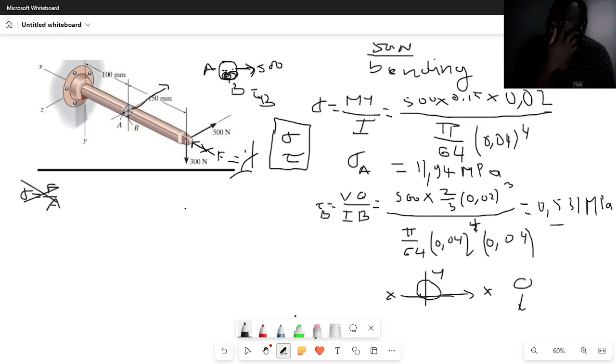Now here is what I've said. Let's start with the bending. If I have points A and B, and I have a force pulling, like the force that we have here, then I know that the effect of the bending will be felt at point A. So I can call this the stress at A without hesitating.